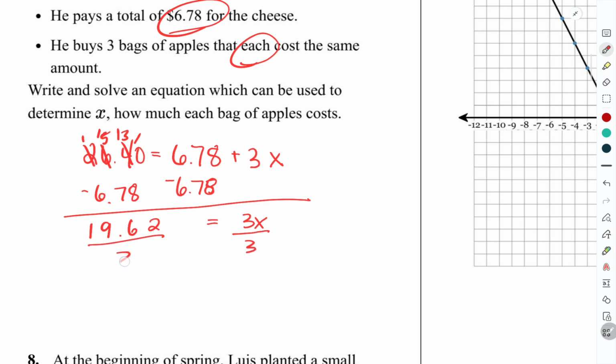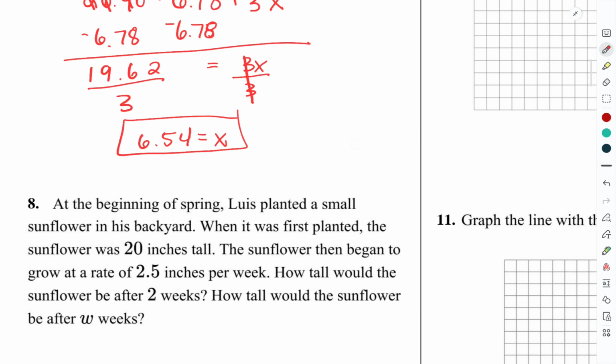And then I'm gonna divide by 3. And then I get 6.54 equals x. So each bag of apples costs $6.54. That's pretty steep for a bag of apples, if you ask me, but maybe we're shopping somewhere fancy.